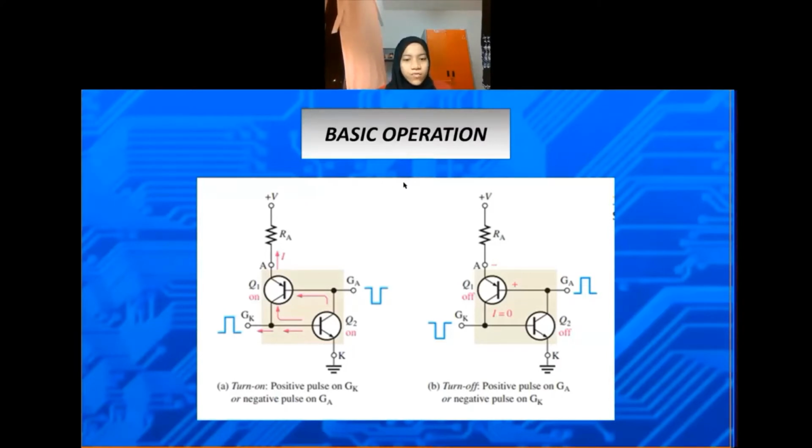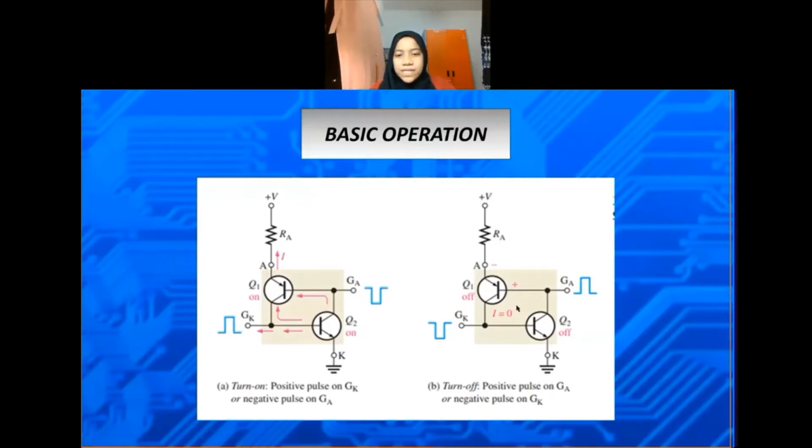This drives Q1 into conduction, which in turn provides base current for Q2. Once Q2 is on, it provides a pulse for Q1 base current to sustain the on state. To turn the SCS off, a positive pulse is applied to the anode gate.